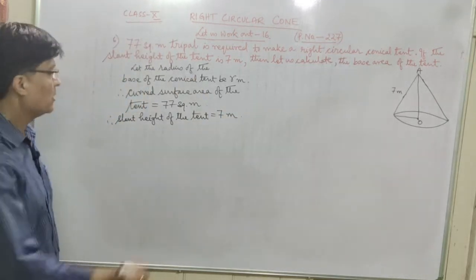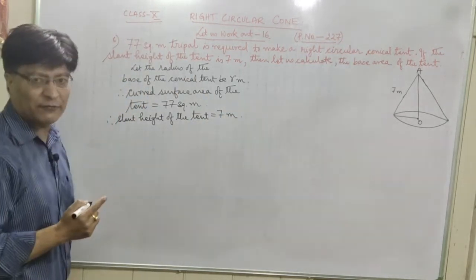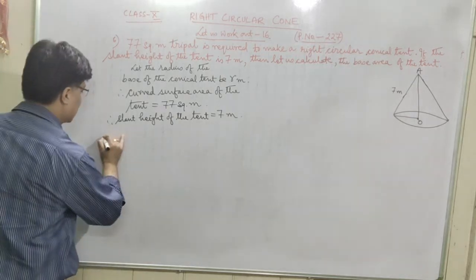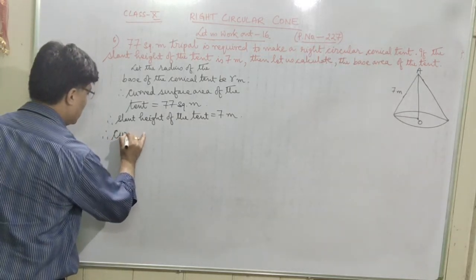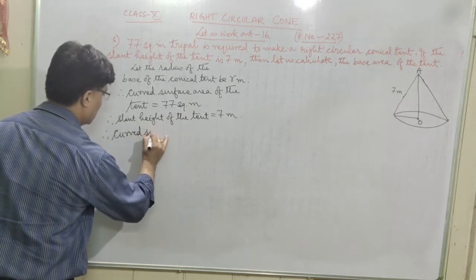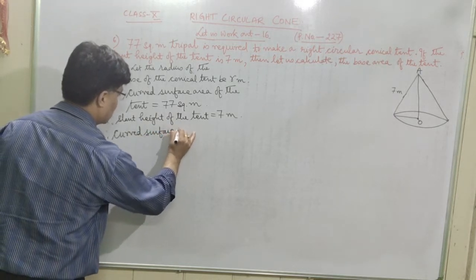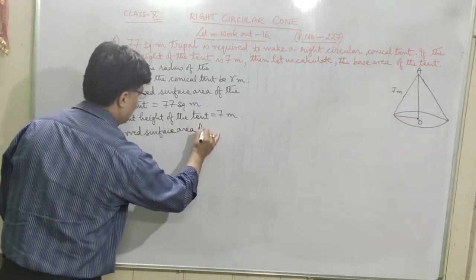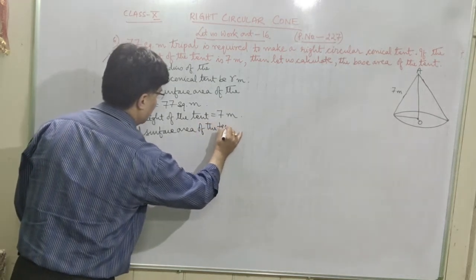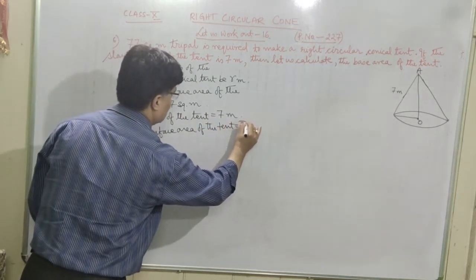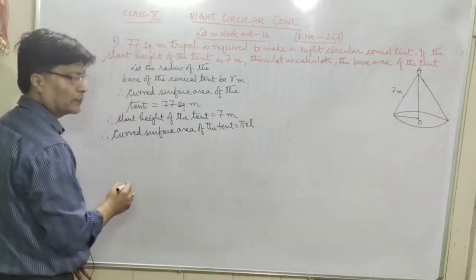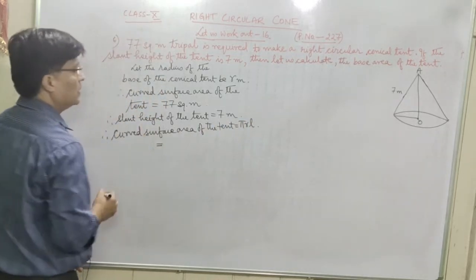Is that clear? Now let us write down the formula for curved surface area of the tent. Therefore, curved surface area of the tent is equal to pi rl. Okay? It is pi rl.